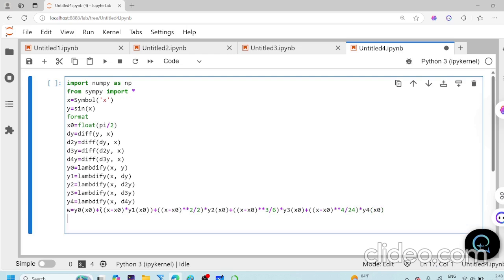So this is the Taylor series expansion of the given function.